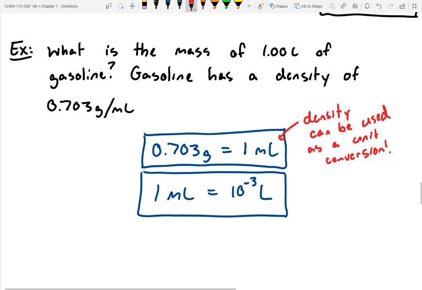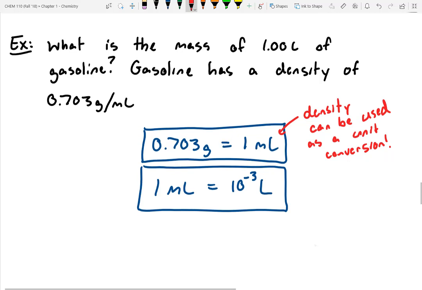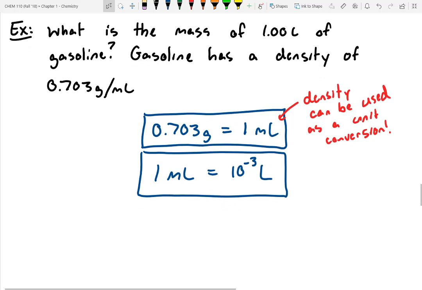All right, just for the sake of time, let's try to do this one as a class. All right, so the first thing that we measured was we know that we have 1.00 liters of gasoline. So we start out with that. We want to cancel out liters, so I'm going to put that on the bottom so that it cancels. And then we've got a relationship between liters and milliliters as a unit conversion, right?